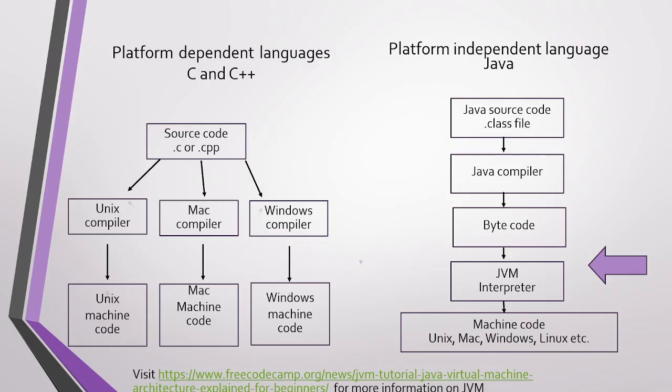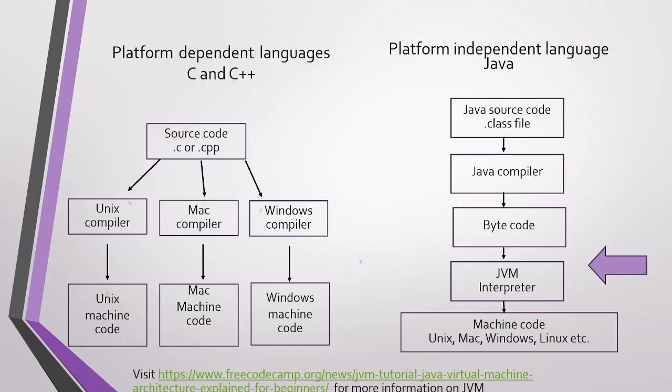Now, once a program or source code is written in a notepad kind of area, if I want to execute it in a Windows system, with some hardware and some software operating system and hardware combination, I need to have such a Windows compiler. Then only this particular program is converted into machine understandable code.